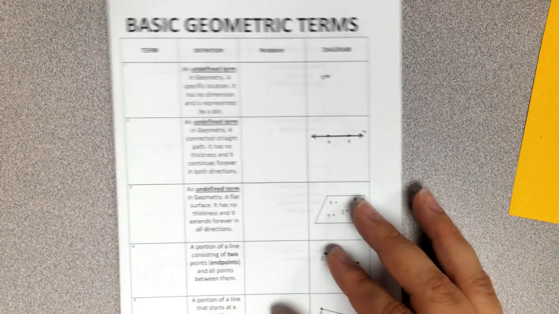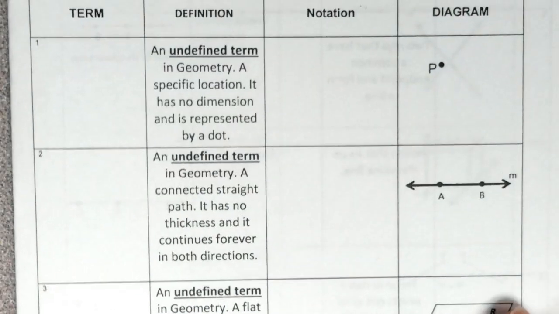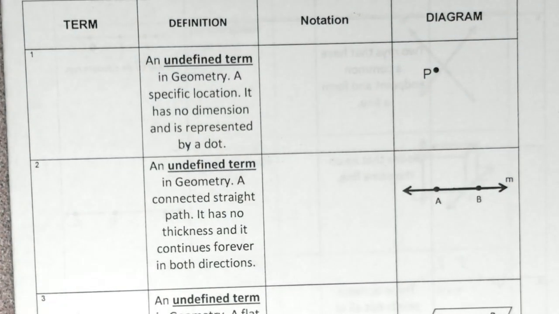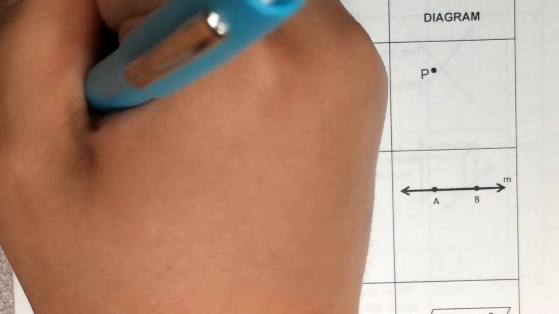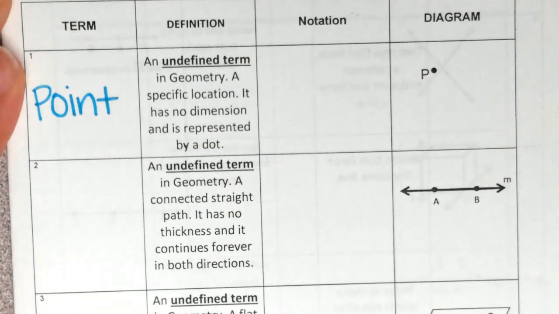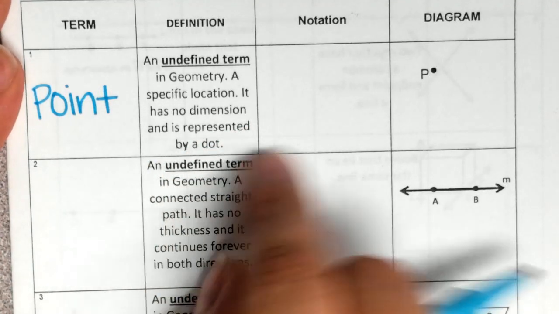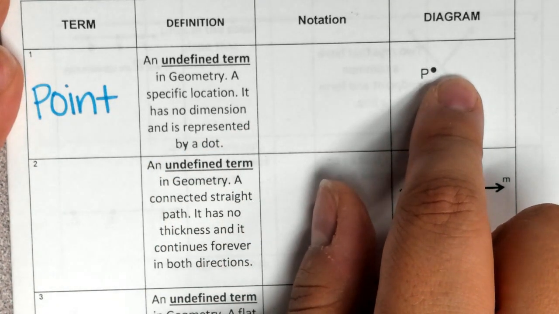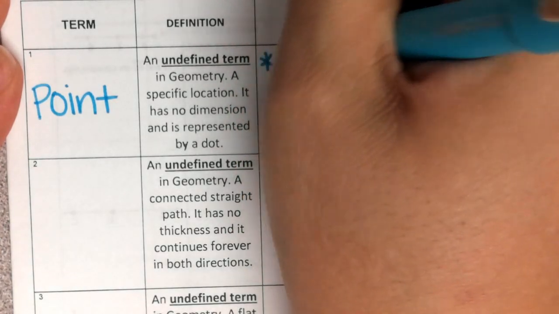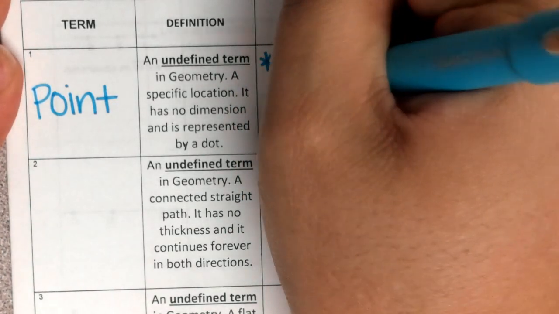Okay. So what did we get for number one? Did anybody know what number one was? A point. Remember I said point was one of the undefined terms. It's a specific location. It has no dimension, and we use it by putting a dot. We always have to have, please write this down with me, a capital letter.